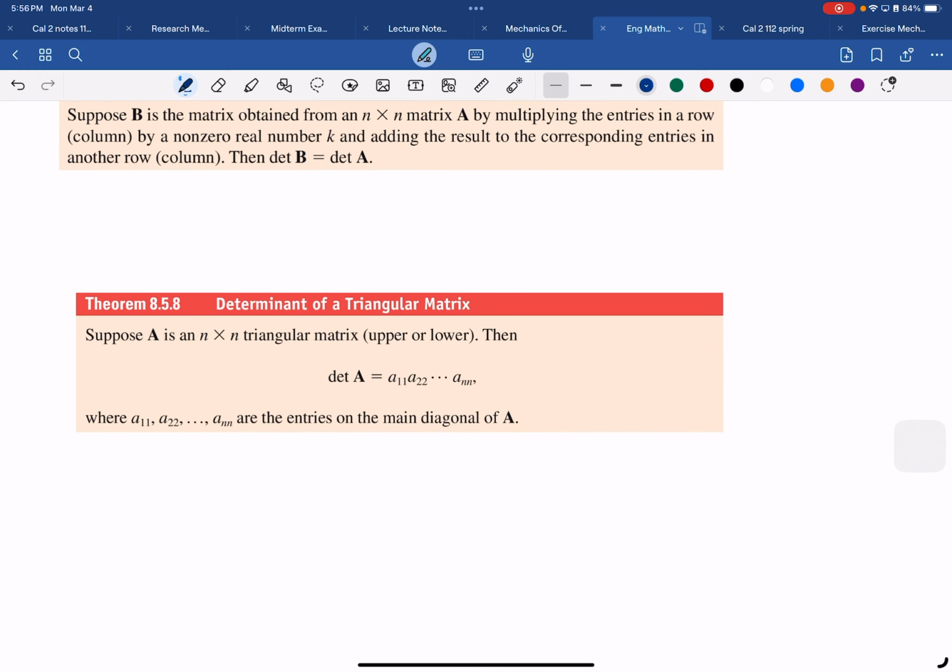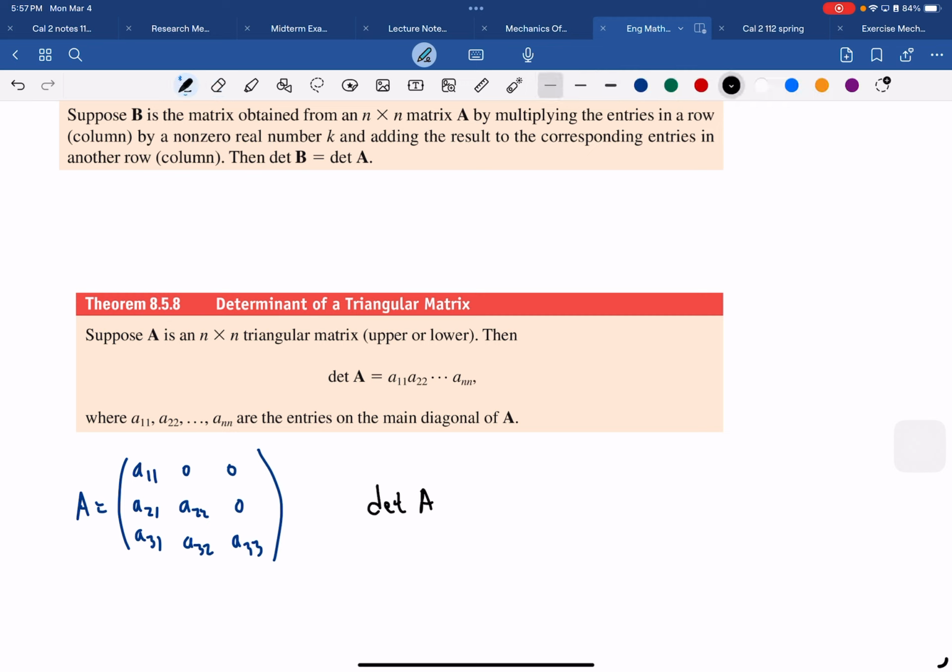So let me just give an example here. Let's say we have a matrix A11, A21, A31, 0, 0, A22, 0. So we have an upper triangular matrix. Either upper or lower, if we would like to find the determinant from this one, since they are 0, then at the end of the day, this is going to be A11 multiplied with the determinant.